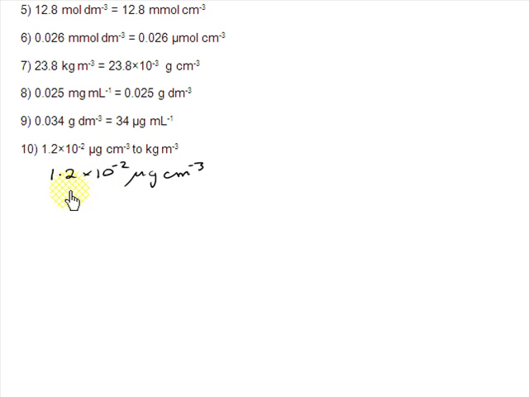To convert 1.2 times 10 to the -2 micrograms per centimeter cubed to kilograms per meter cubed, we first of all convert the micrograms into grams, and we know that 1 microgram is 10 to the -6 grams per centimeter cubed.